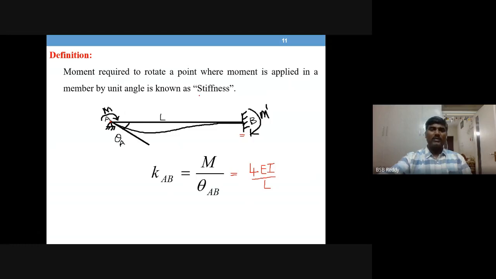So what is the stiffness value here? 4 EI by L. This is valid only when the far end is fixed. So this is what was done.